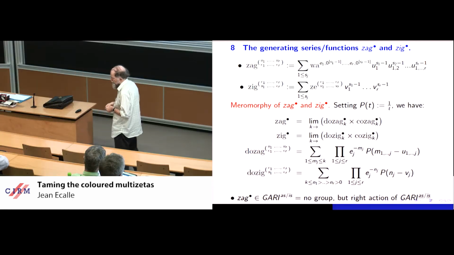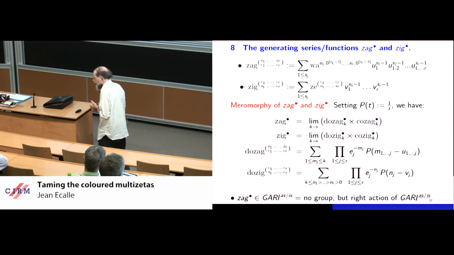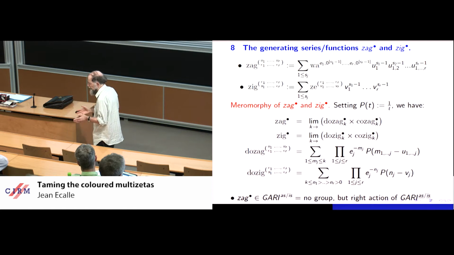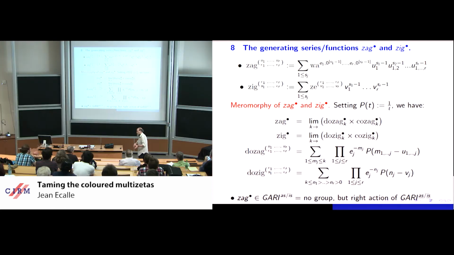generating series of functions are actually meromorphic functions, with a very remarkable structure. They have simple poles, I mean multiple poles in the sense that there are many variables, but with respect to a given variable, there is no multiplicity, there are simple poles. If you freeze all the variables save one, then you will get something multiple.